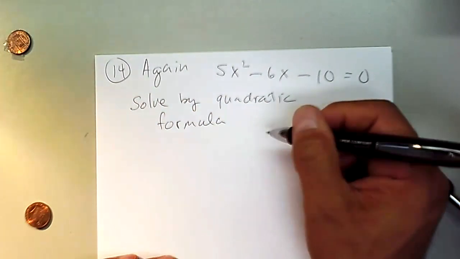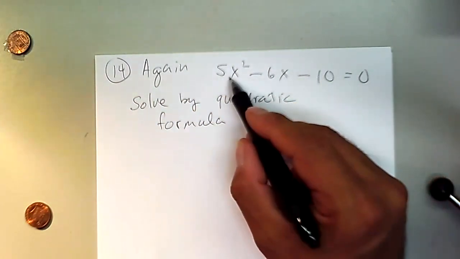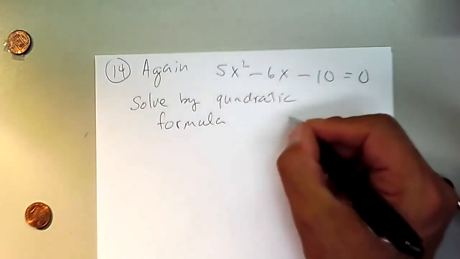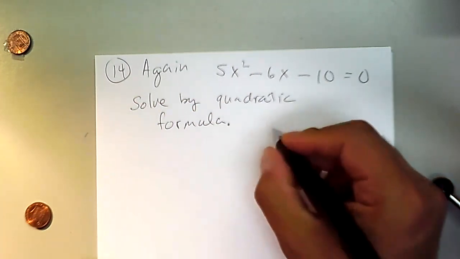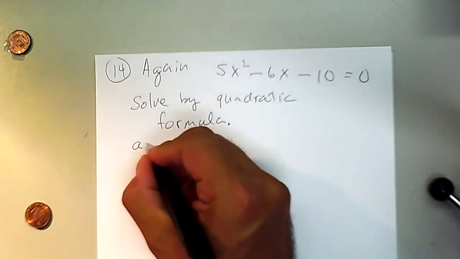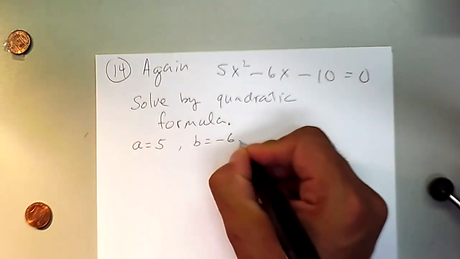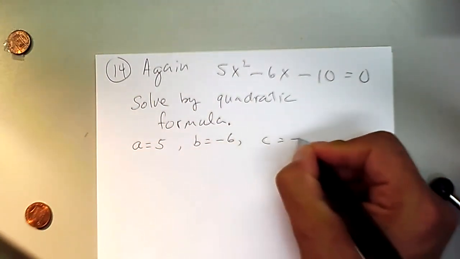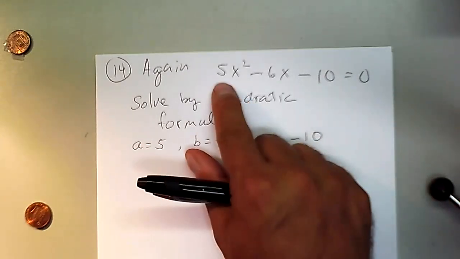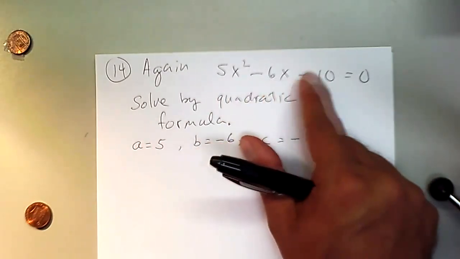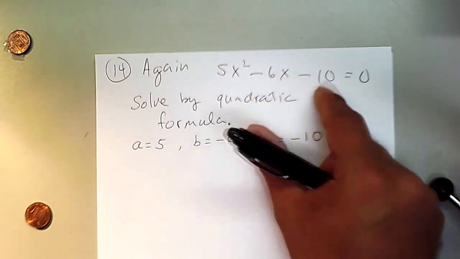Now, we have to establish what A, B, and C are. And it's not a bad idea to do that first. So A equals 5, B equals -6, C equals -10. So the signs go with the number: -6, -10.